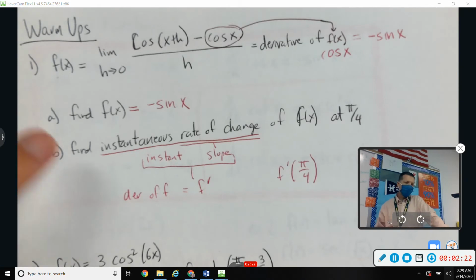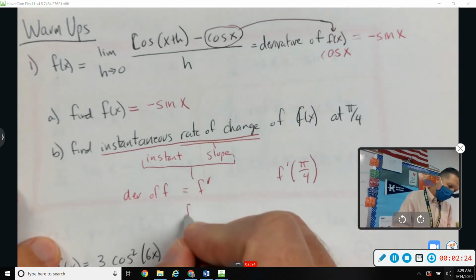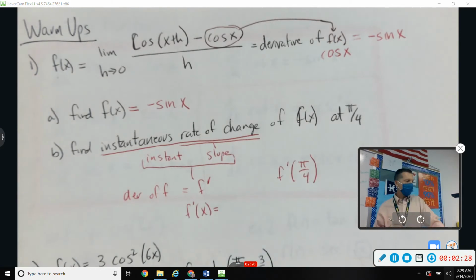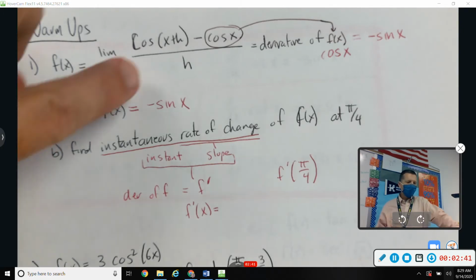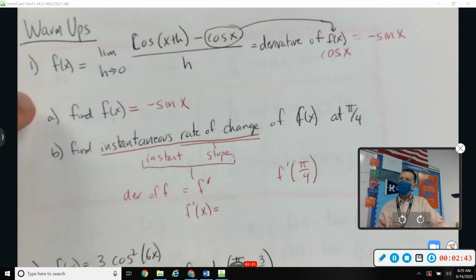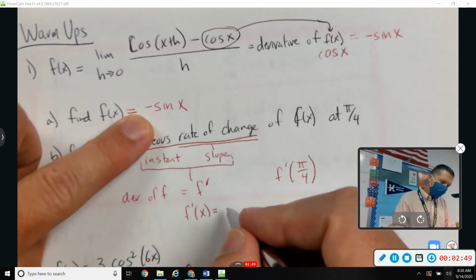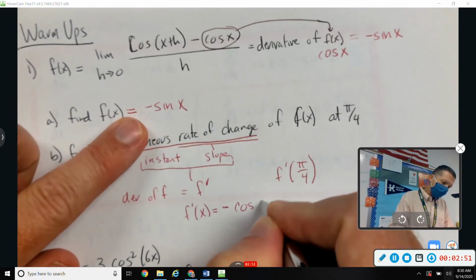So if f is negative sine, then f prime of x is what? So if f is negative sine, its derivative is, because the derivative of sine is cosine, so the derivative of negative sine would be negative cosine.